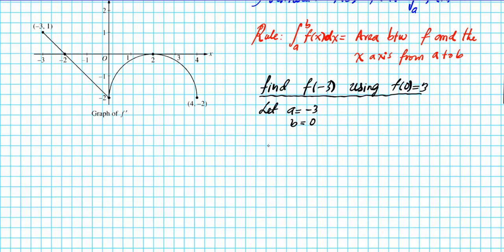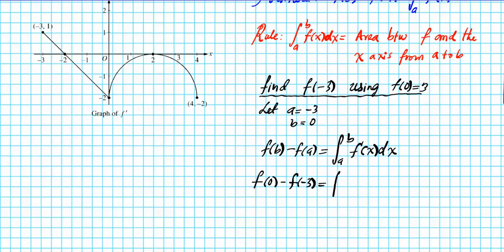The formula we wrote above, f of b minus f of a is equal to the definite integral from a to b of the derivative of f dx. All right, so we know what a and b are. So f of 0 minus f of -3 is equal to the integral from -3 to 0 of f prime of x dx.